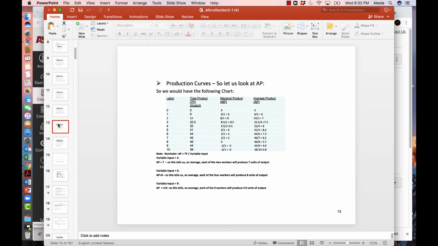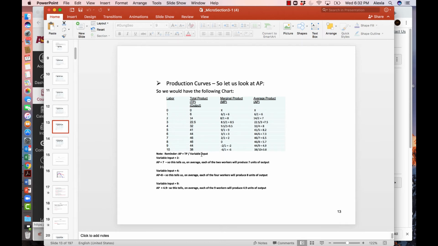While marginal says what exactly that particular worker adds to output by hiring them, average tells us what each of those workers produces on average. The way you get an average, you just have to memorize it. I hate saying to memorize anything in economics, but formulas, you want memorized.